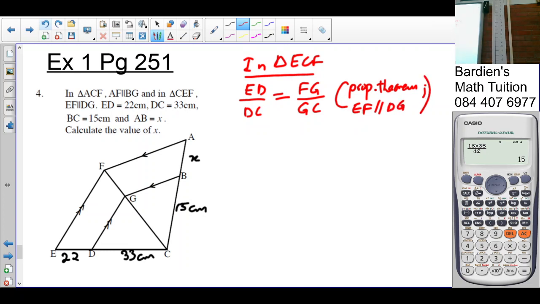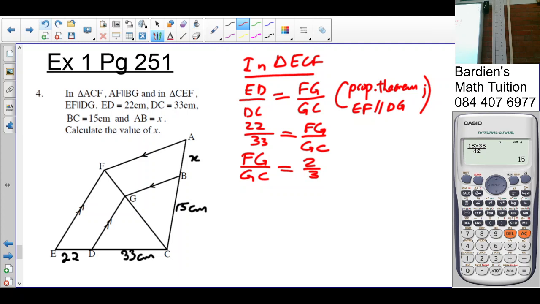So we got ED, which is 22, over 33 is equal to FG over GC. So FG over GC simplifies into what? 2 over 3. Not so?